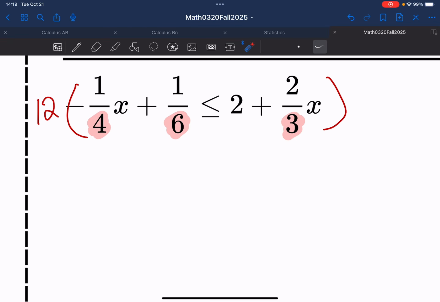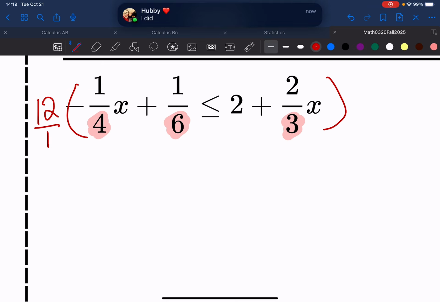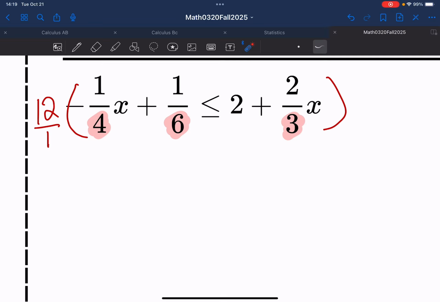So what I have here is 12 times negative 1/4. Or I can think of this as 12 over 1. Okay. And then I'm going to multiply. When I multiply 12 over 1 by negative 1 over 4, that's the same as doing 12 divided by negative 4. And that gives me negative 3x. Okay. Then I have 12 divided by 6, which is 2, so plus 2.